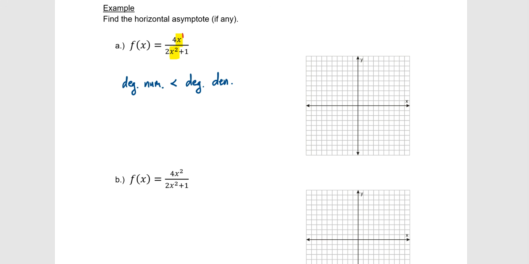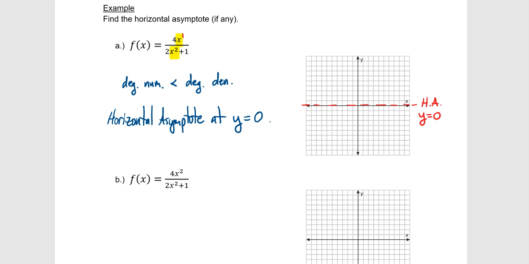So the degree in the numerator is less than the degree in the denominator. Anytime that happens, we know there's a horizontal asymptote at y equals 0, which is the x-axis. And just like vertical asymptotes, we can abbreviate when we're graphing it. I abbreviate horizontal asymptotes with HA.